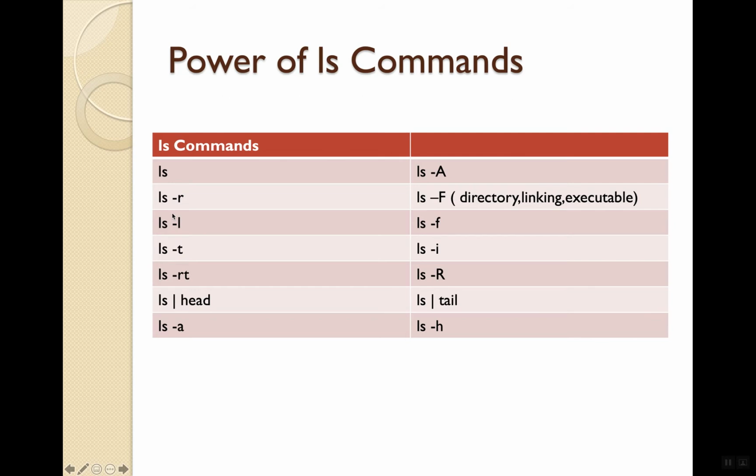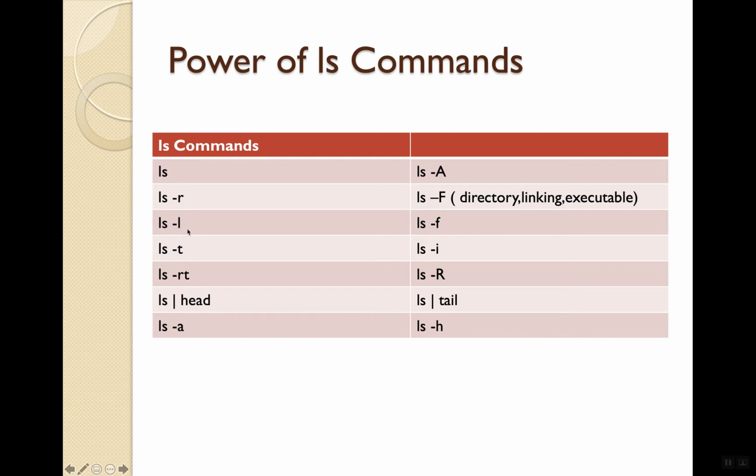And ls hyphen l indicates a long listing of files. When a file is displayed, how many bytes it requires, which user created it, what permissions are available, everything we can see by using the ls hyphen l command. And ls hyphen t, as I said earlier, t indicates time, the last modified time it will display.